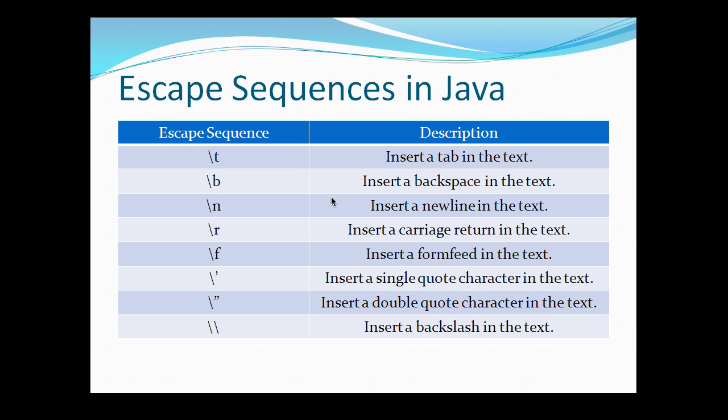Backslash r inserts a carriage return in the text. Say I am typing something in Notepad and I want to print something on the next line, so I hit enter. Backslash r does the same thing. It hits enter at that point, and whatever comes after the backslash r, it prints on the next line. There is one more, backslash f, which inserts a form feed in the text.